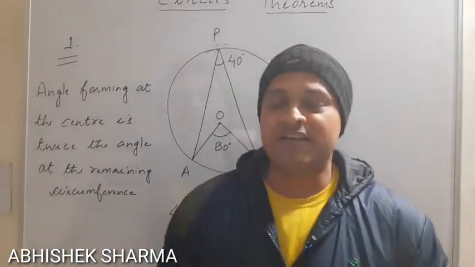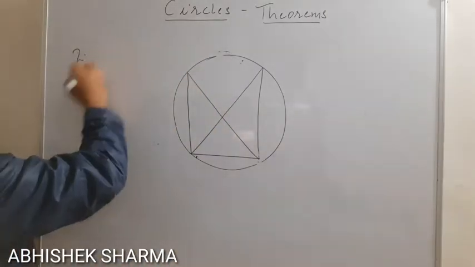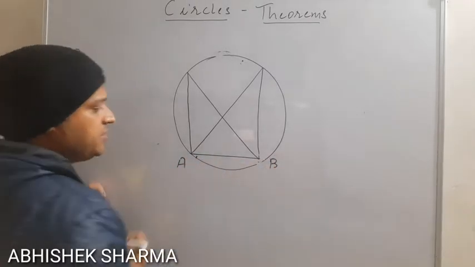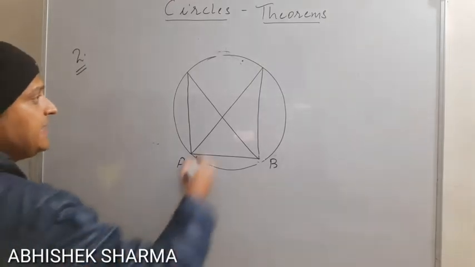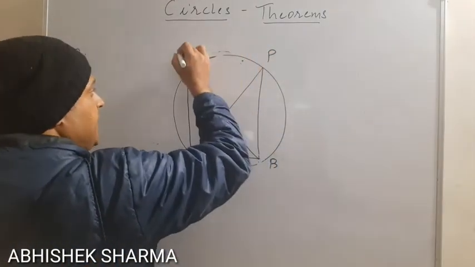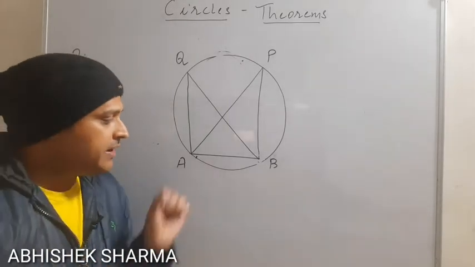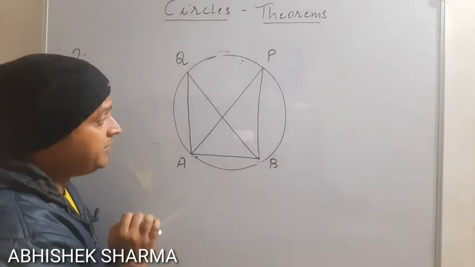Let us move to our second theorem. This is your segment. Are you seeing your segment? What you are seeing in your segment is that this angle P and that angle Q are forming on the same segment. This AB is our segment, right?